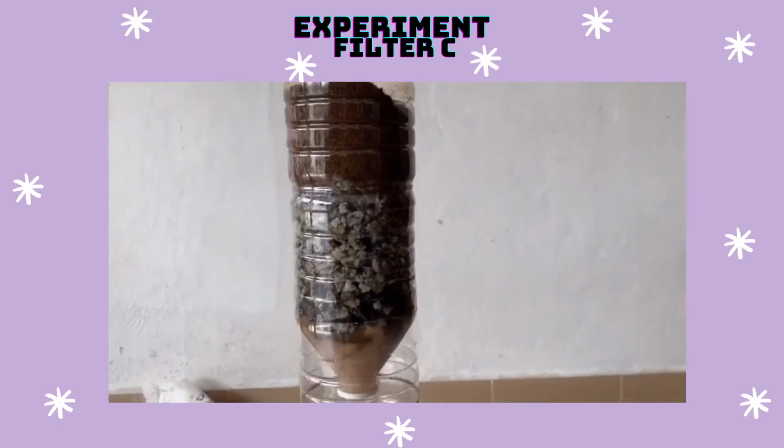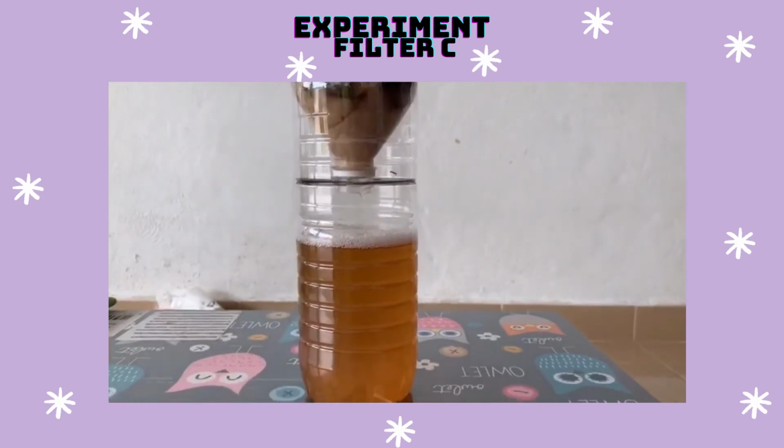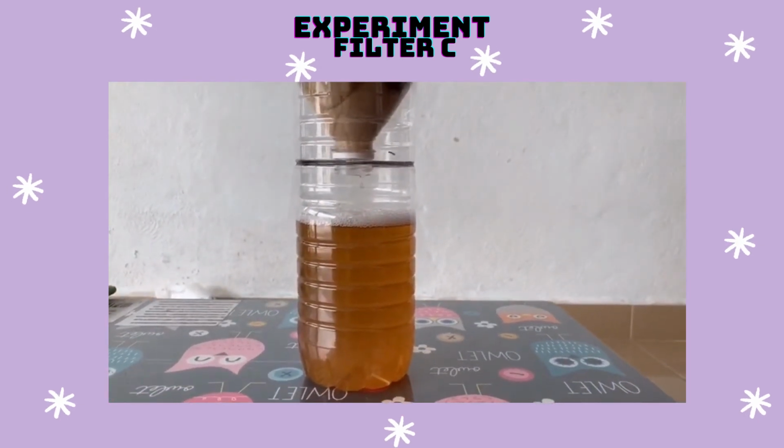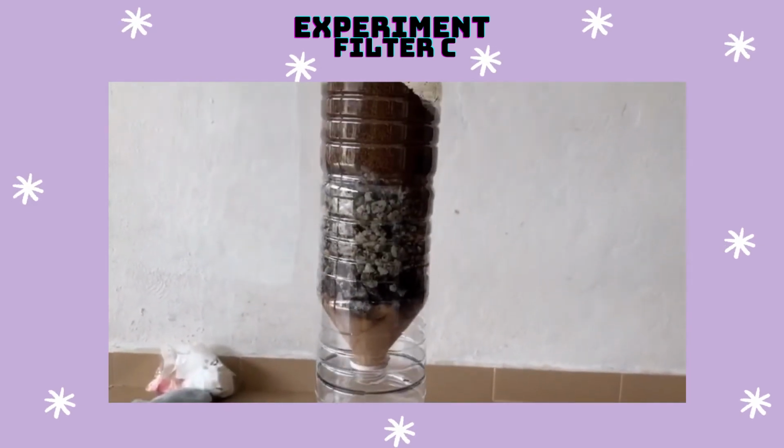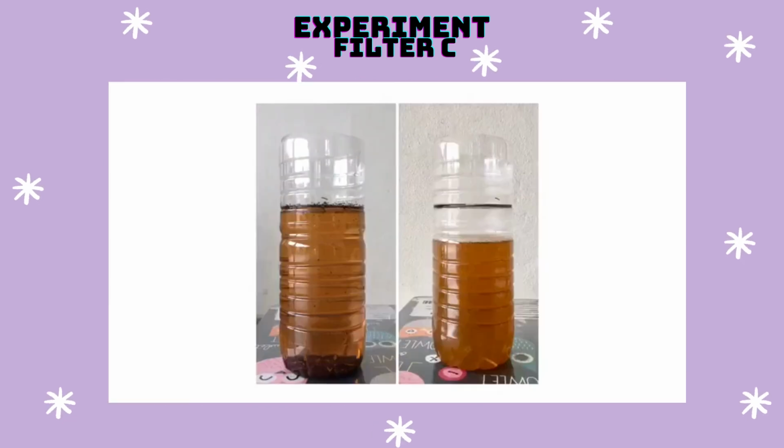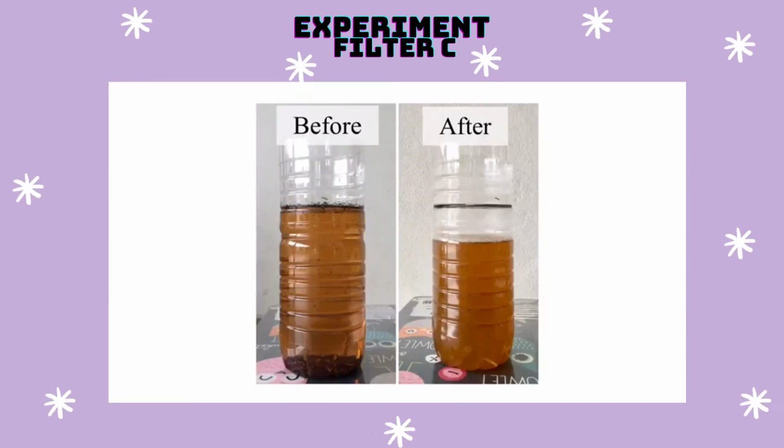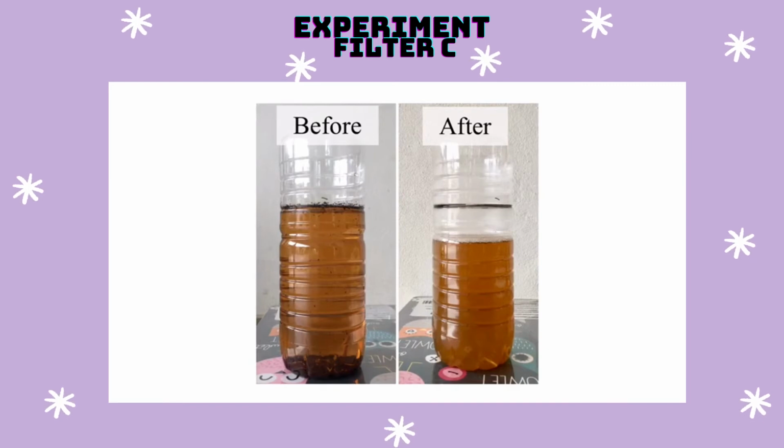And then wait a few minutes in an idle condition before observing the condition of the synthetic water. And lastly, measure the depth and observe the turbidity, color, and smell of the water. Record the result.